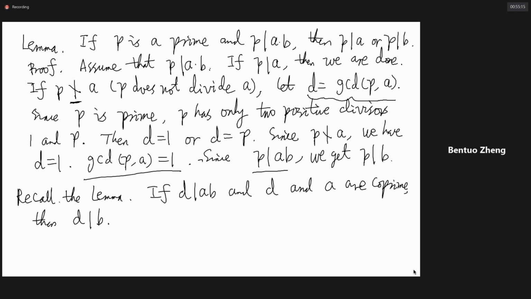Okay, so the next lemma generalizes the previous lemma. Let P be prime.